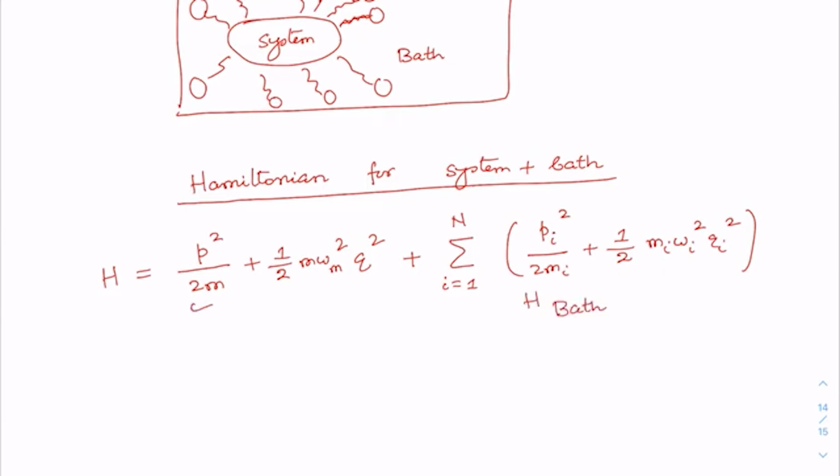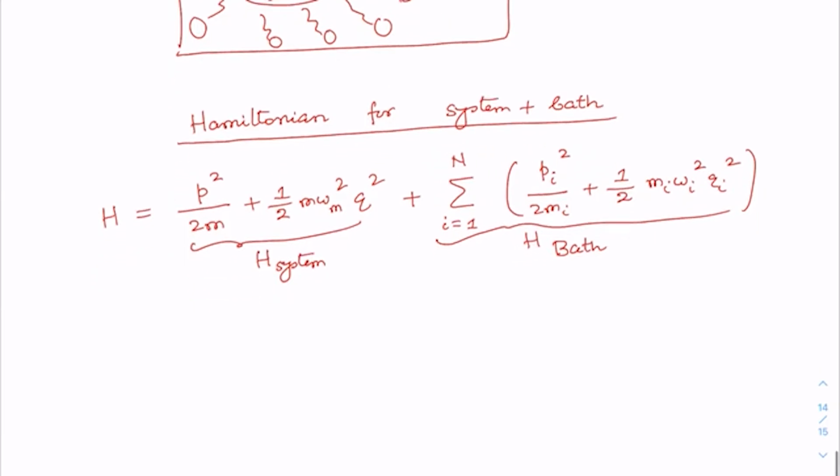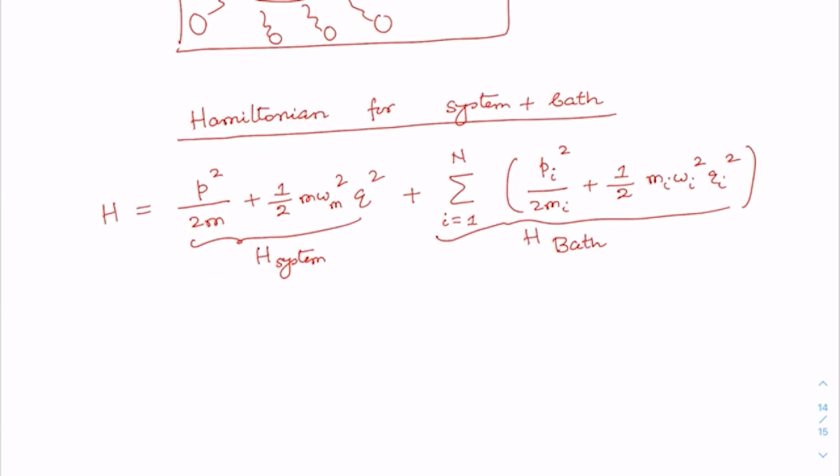So let us say H_bath, and we have the system, which is our system harmonic oscillator, and the system and the bath are interacting with each other, and the interaction is taken into account by this part here. q is the system parameter, and for the bath there are n oscillators, and corresponding to these n oscillators there are qi coordinates.